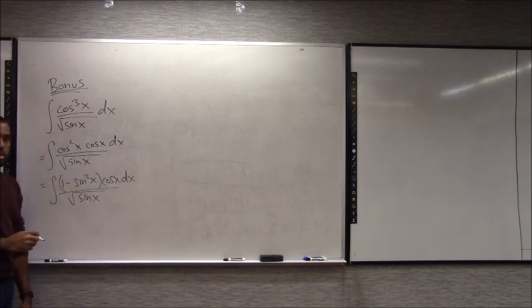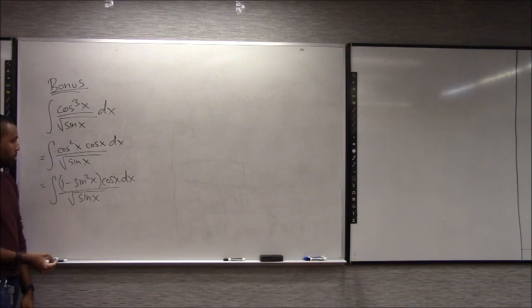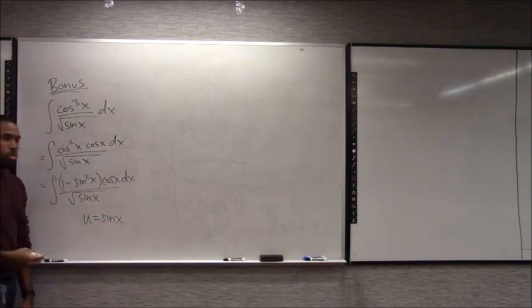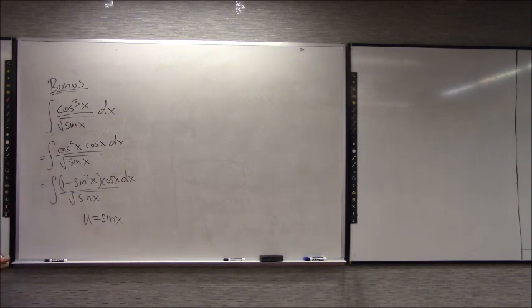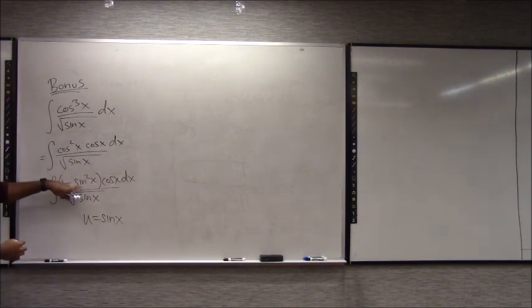Okay, then? Now we can. What you said before now works. U equals sine x makes a lot of sense at this point. And then du equals cosine x dx. Right? So you get that part, and now this is just another u.